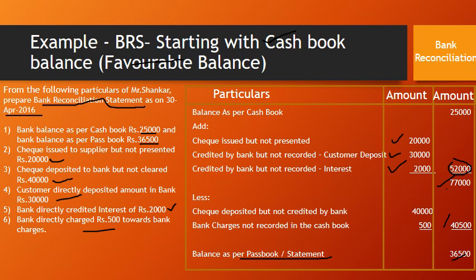The most important thing is we need to note what all the transaction types we are adding and what are the transaction types we are deducting. We are adding these three, check issued but not presented, credited by bank and directly credited by bank but not recorded in our books of account. These three transactions we are adding and we are deducting these two transactions. So we got a revised balance.